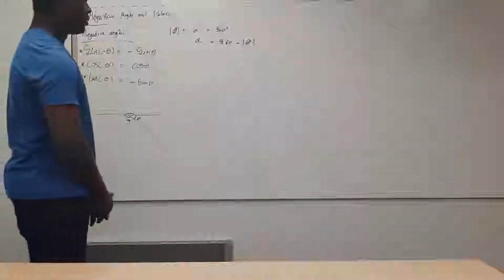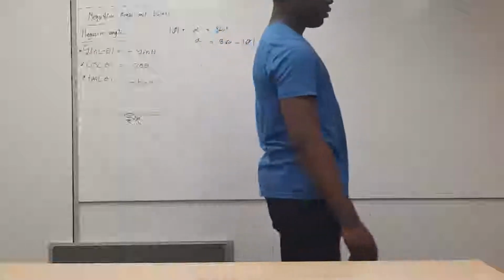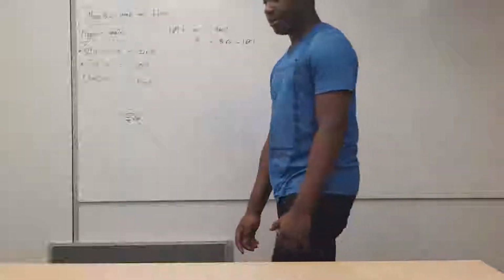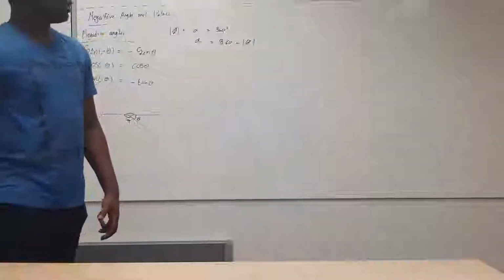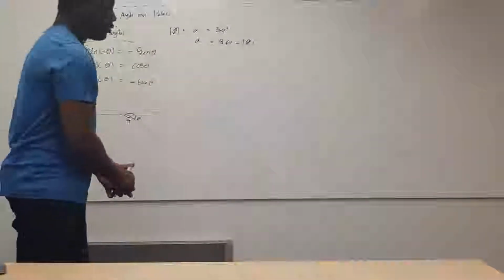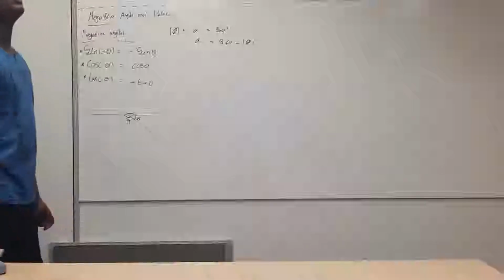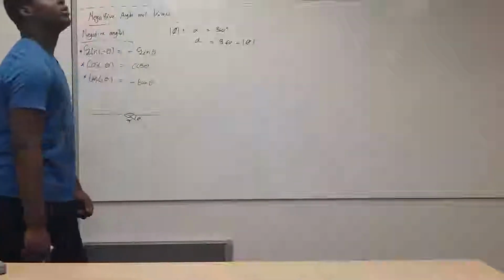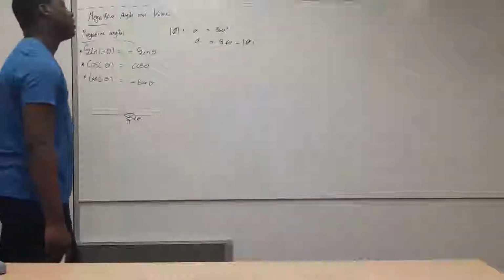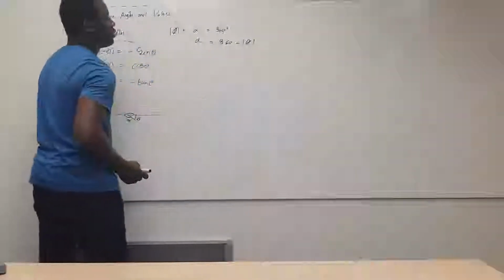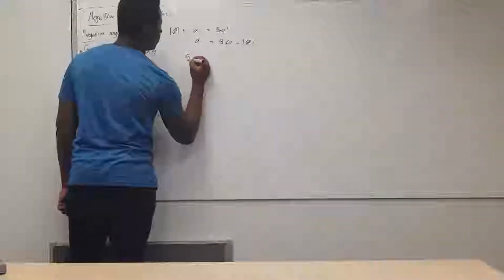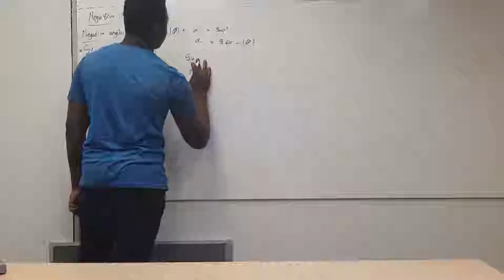And then we did some examples to determine all these things. Let's do a random example. Let's use 45. Let's say we had sine of negative 45.